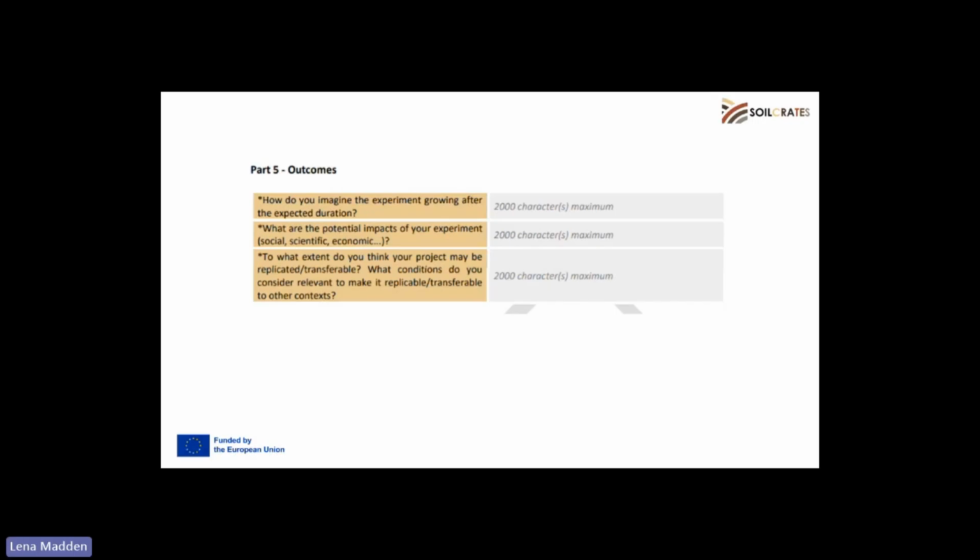And then to what extent do you think your project may be replicated, transferable? What conditions do you consider relevant to make it replicable?